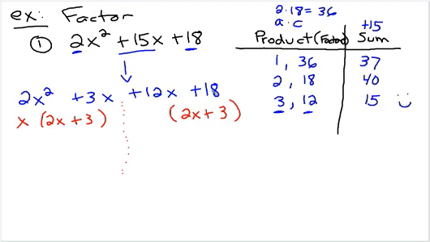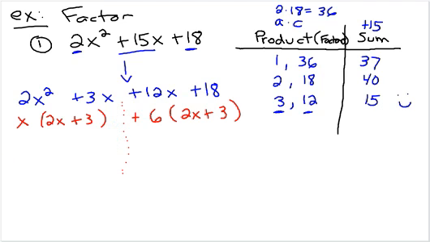What's the greatest common factor of 12x and 18? It's 6. Is 6 times 2x 12x? It is. 6 times 3 is 18. And notice this was a positive 6. So once I get this far, the work is done.